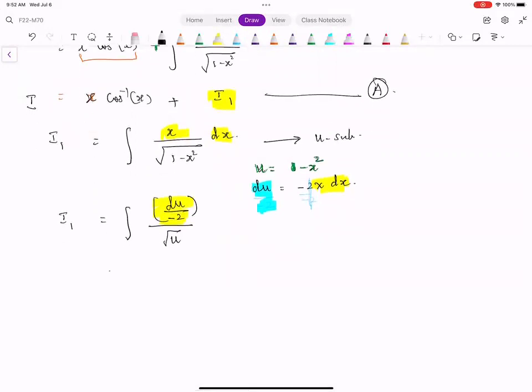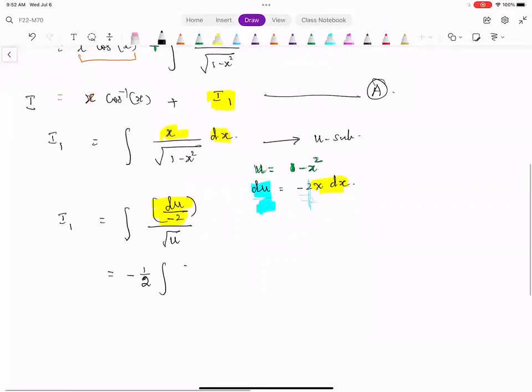So now let's do some cleanup. I'm going to move the constant out of the integral. This is negative 1/2 times the integral of du over square root of u. In order to integrate, we are going to use the power rule. We can write root of u as u to the 1/2 in the denominator, which is the same as u to the negative 1/2 in the numerator.